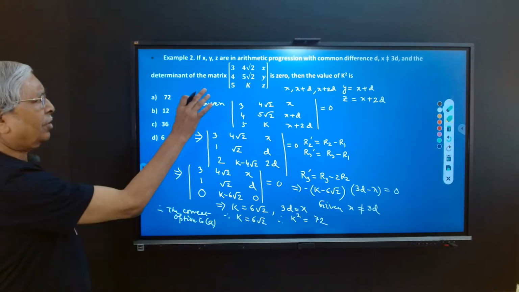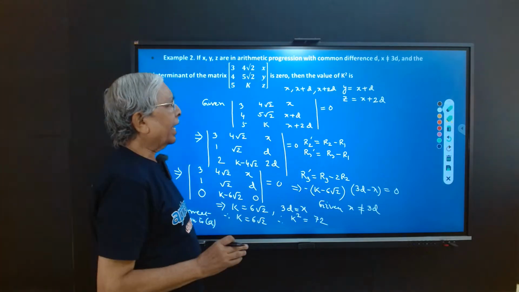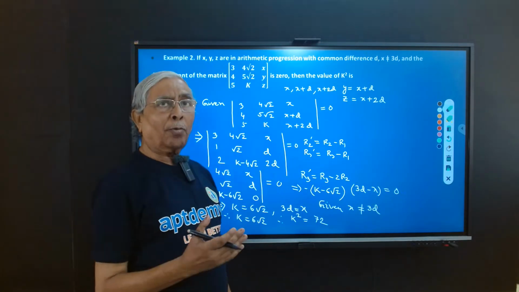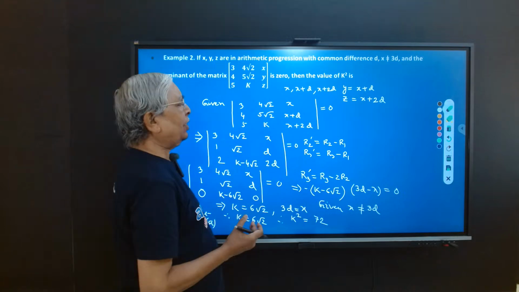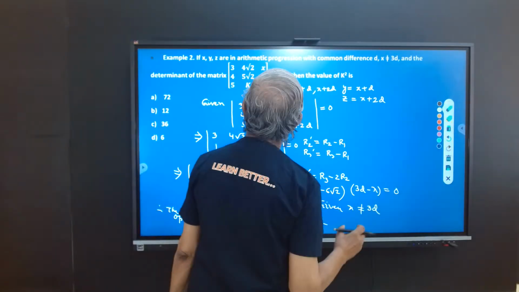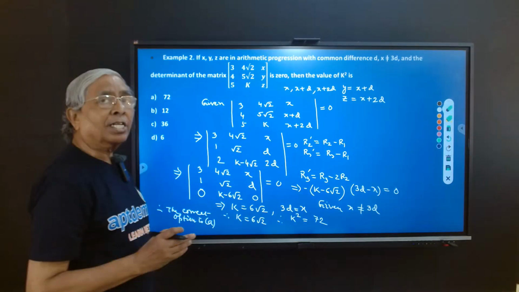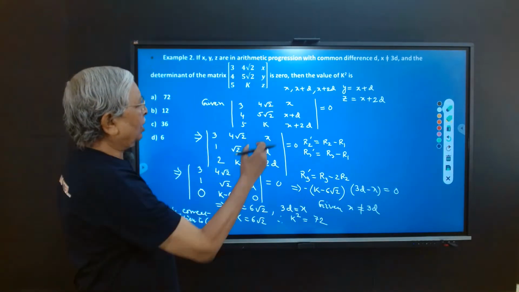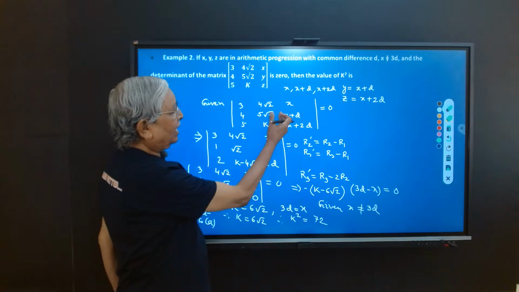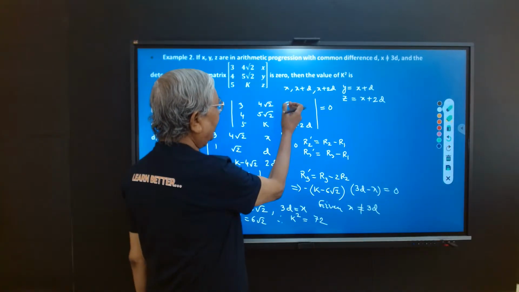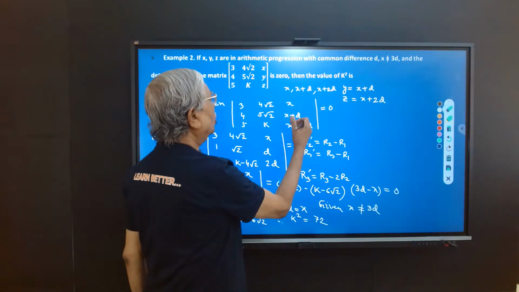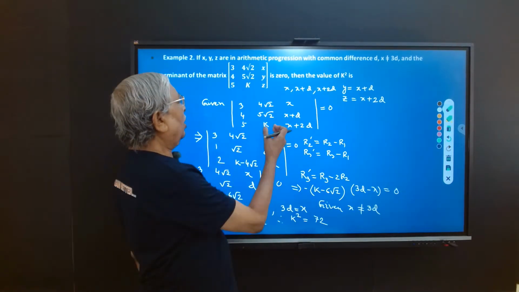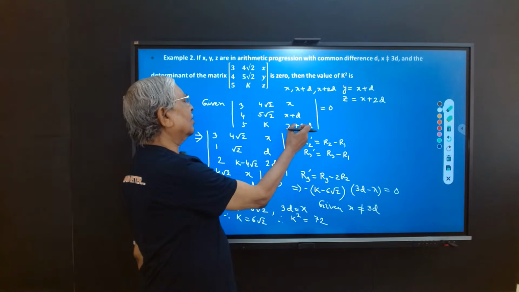This is a very interesting problem. The x, y, z are in AP with common difference d, so at once you can write y is equal to x plus d, z equal to x plus 2d. Now you are given that the determinant of this matrix is 0. In the third column, look at x, x plus d, x plus 2d. So in terms of the first row, you can subtract the first row from the second one and the third one also.